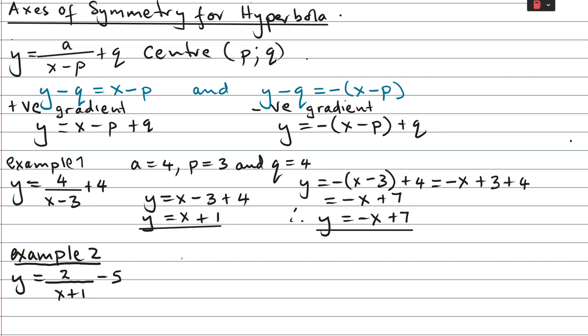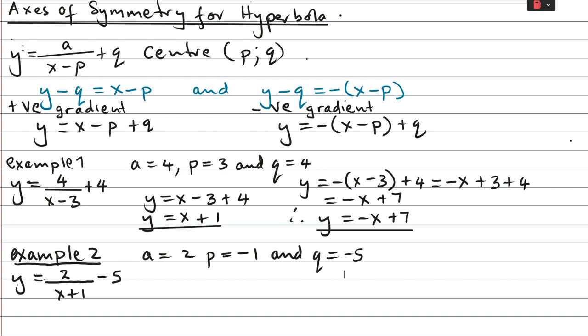So in this example we can see that a is 2, p is minus 1, and q is minus 5.